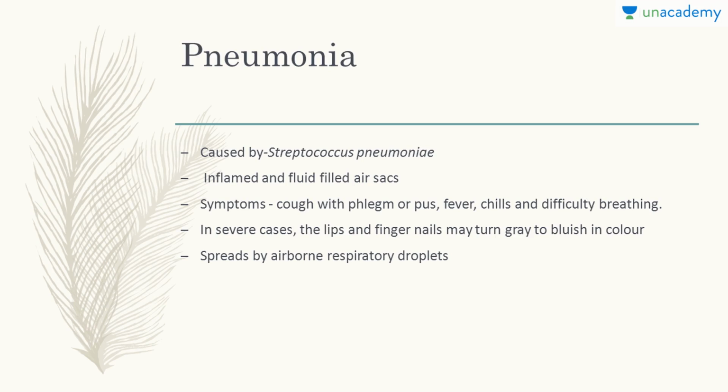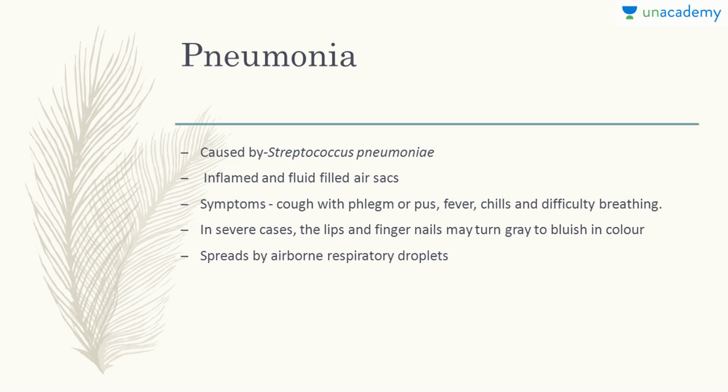Then we come to pneumonia. Pneumonia is caused by Streptococcus pneumoniae. In this, the air sacs, the alveoli, are inflamed and fluid-filled. The symptoms are cough with phlegm or pus, a yellowish cough, then fever, chills, and difficulty in breathing.